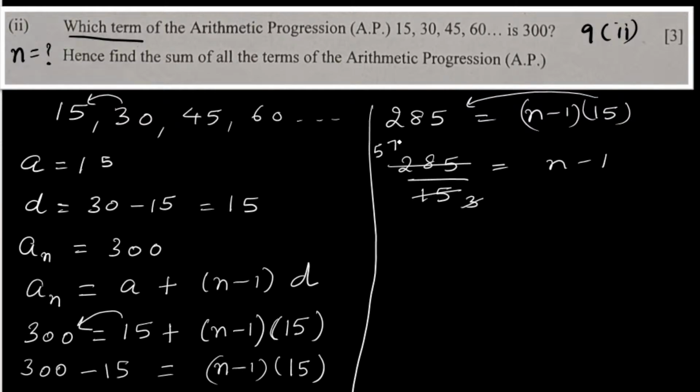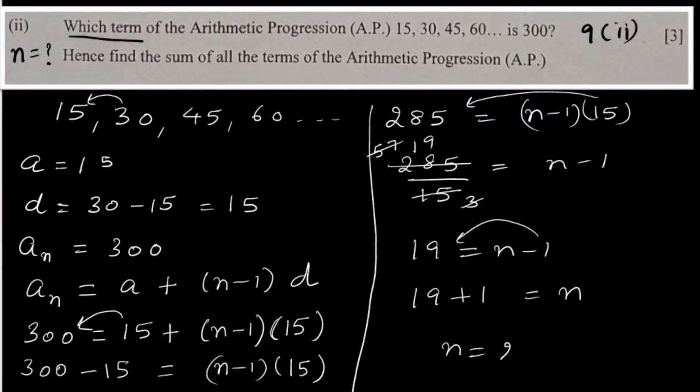So 19 is equals to N minus 1. Minus 1 when we shift to the other side becomes plus 1. 19 plus 1 is equals to N. So N is equals to 20. So 20 is the correct answer.